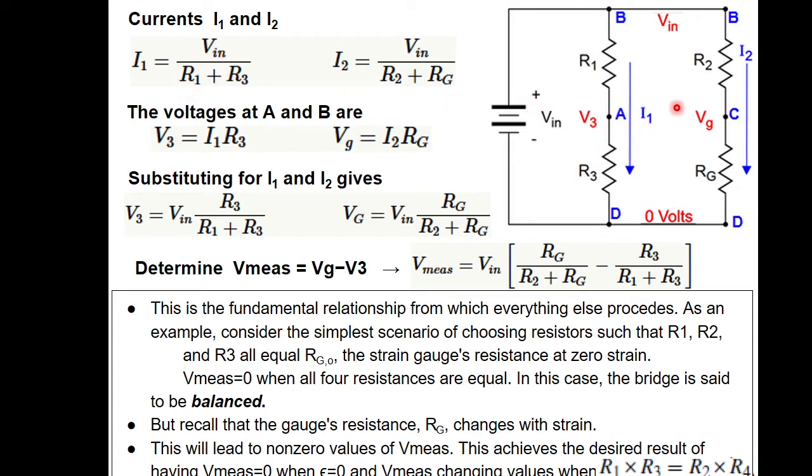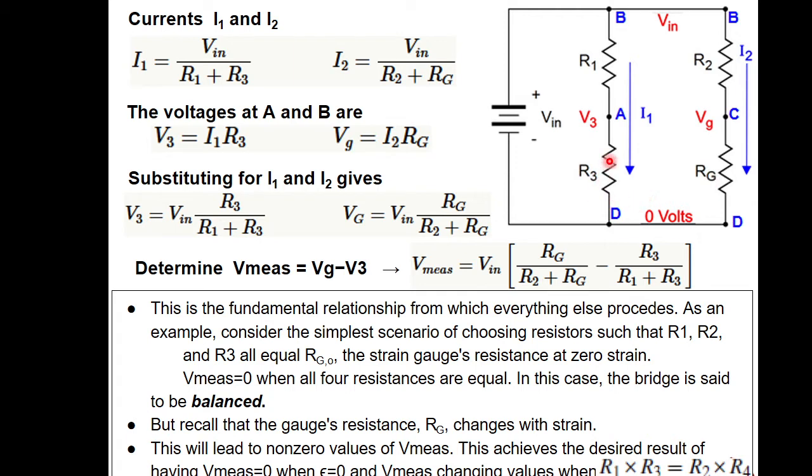What is I1 through this circuit? The total voltage drop is V in, and the total resistance is R1 plus R3, which are in series. So I1 is V in divided by R1 plus R3. Along the other path, I2 is V in divided by R2 plus Rg.